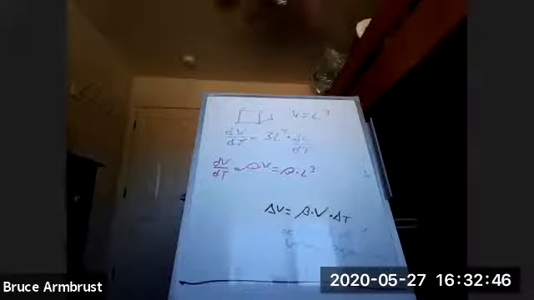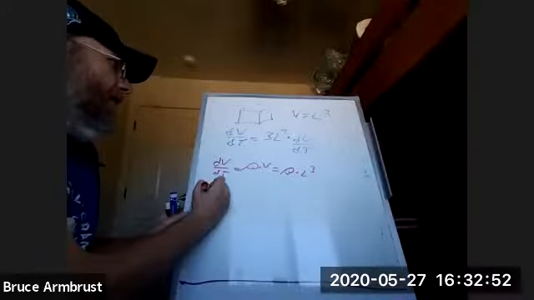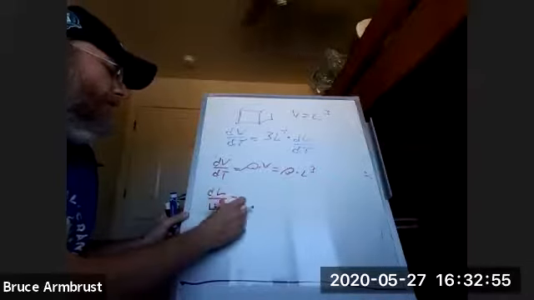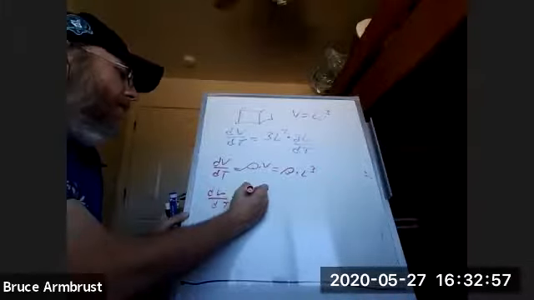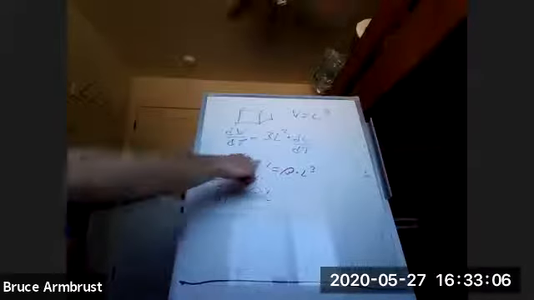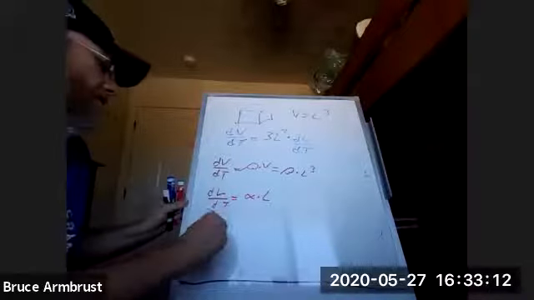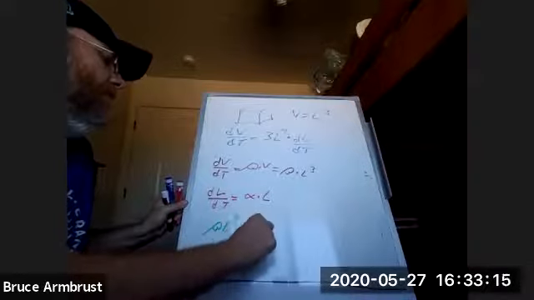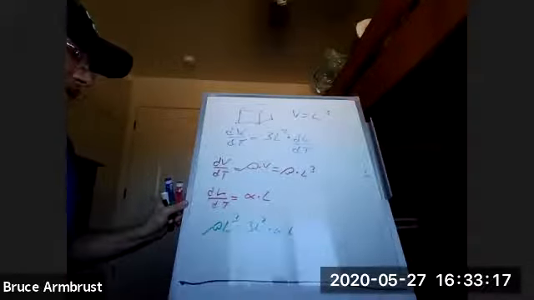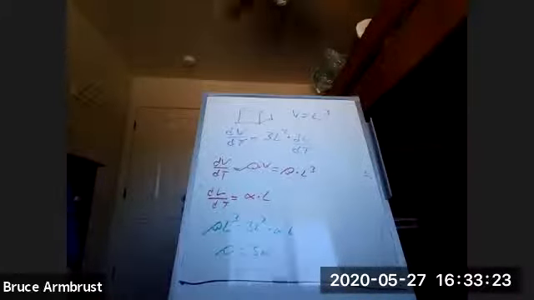If you go back to the linear expansion, we're going to see dL dt is going to equal alpha times L. So let's put those in here. We get beta L cubed is equal to 3L squared times alpha L, which gives us that beta is actually 3 alpha.